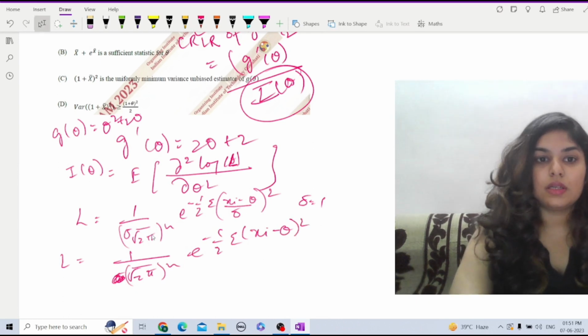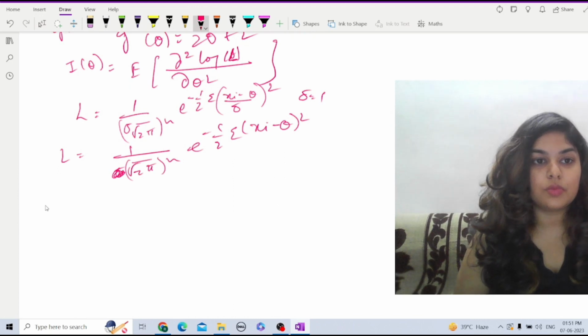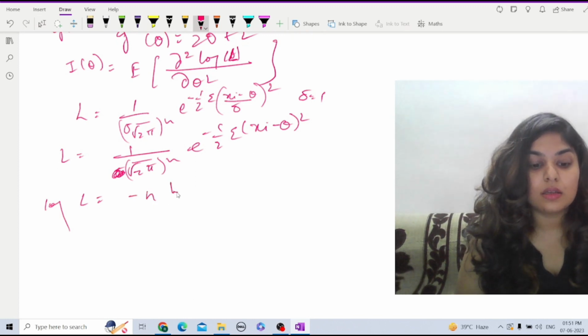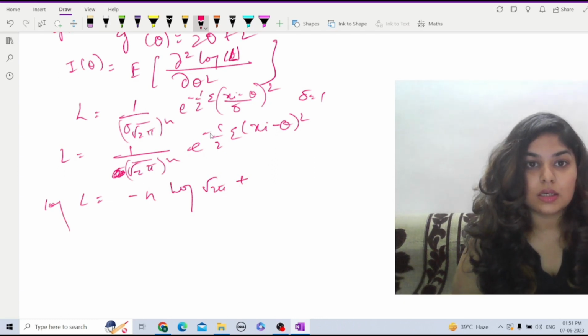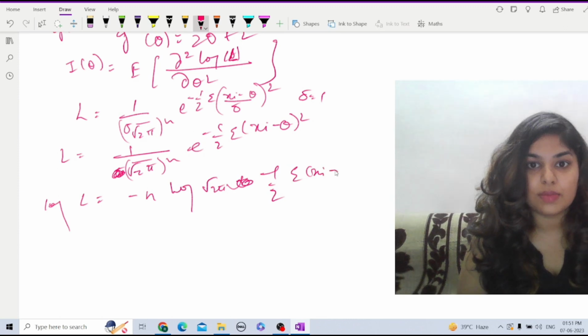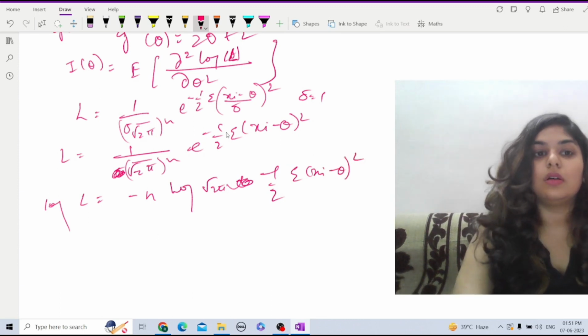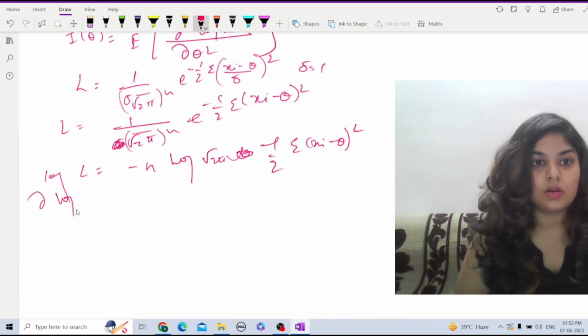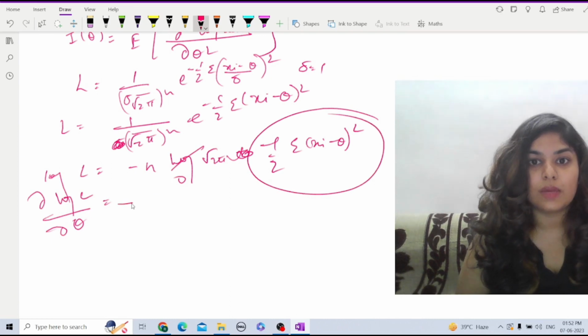Now let's take log on both sides. So we have log L is equal to minus n log root 2 pi minus half of summation (xi minus theta) whole square. Now if we take the derivative with respect to theta, delta log L by delta theta is equal to 0 plus 2 by 2 summation (xi minus theta).